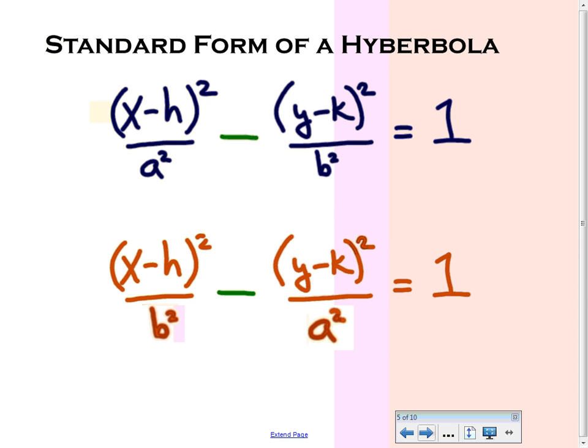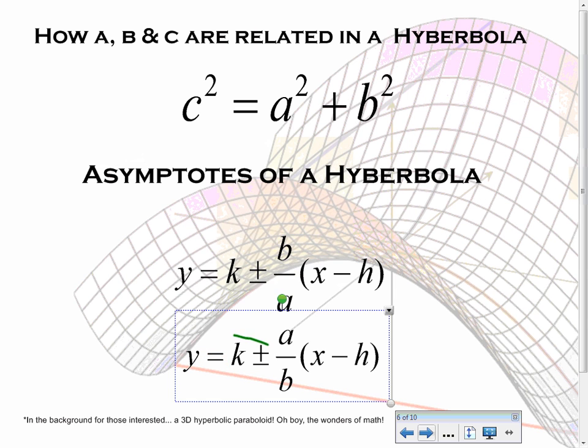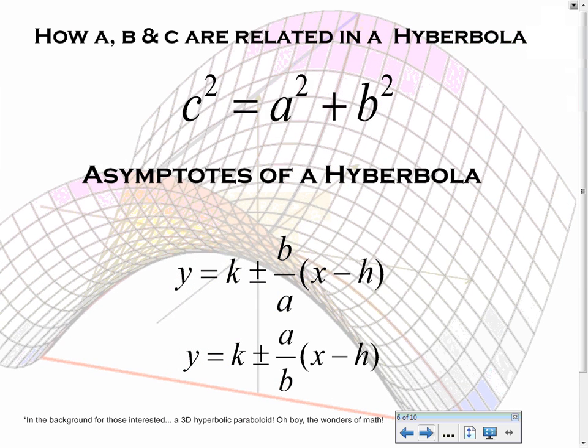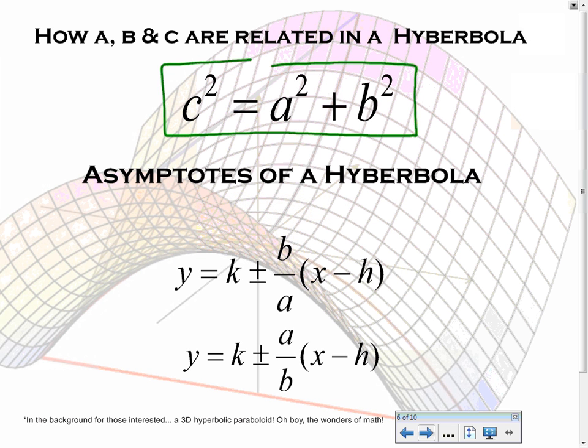Won't get too bent up about the differences between the top and bottom. It's all about these two terms, a and b, kind of switching around, but we'll deal with that as necessary. So let's talk about how a and b are related in a hyperbola. I'm going to keep it short and sweet.